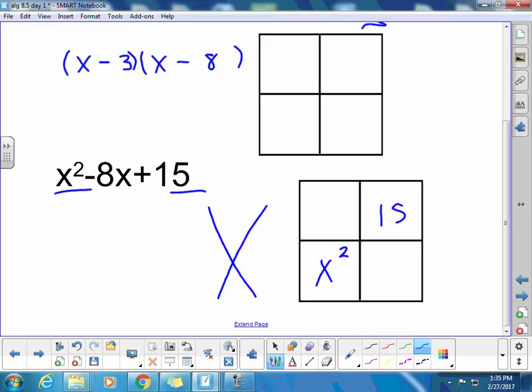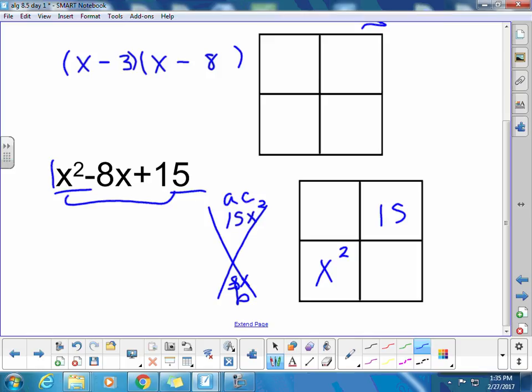And again, you don't need to do this on ones where there is a 1 in front of the x. But in the top goes a times c, and in the bottom goes your b. So in the top, my a times my c is 15x squared. And in the bottom goes negative 8x.